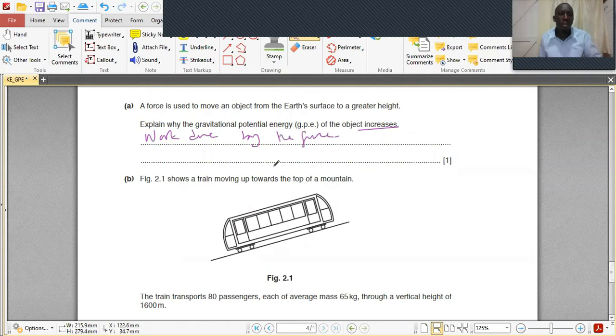This work done is equal to the gain in GPE, or the change in GPE. And GPE is given by mgh. So as the body is moving to a greater height, there is an increase in height, and therefore there's an increase in GPE.